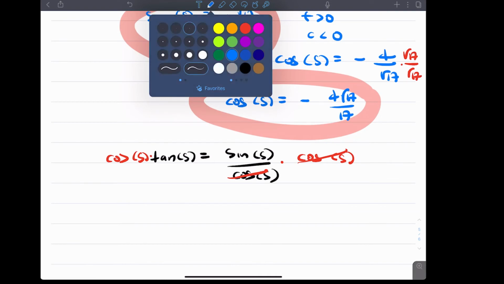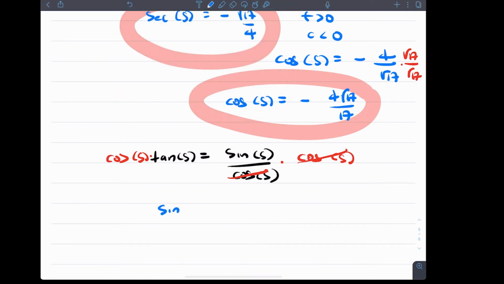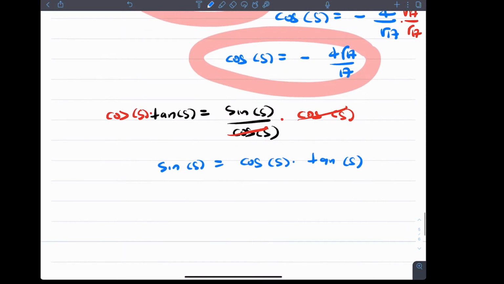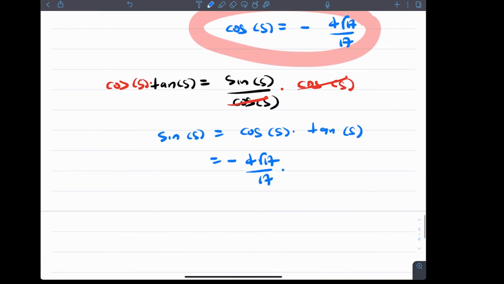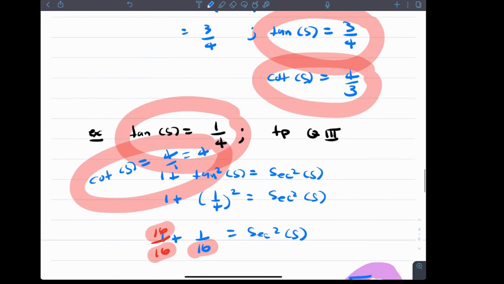You know what this means? Sine can be written as cosine times tangent. So I know what cosine is. It's negative 4 square root of 17 over 17. We just found it. And I think we know what tangent is. Was it negative or positive tangent? It's positive 1/4.